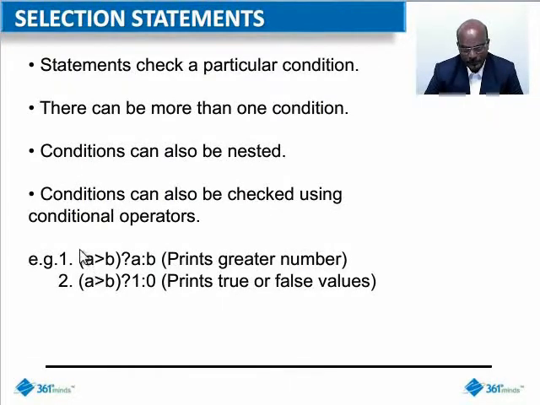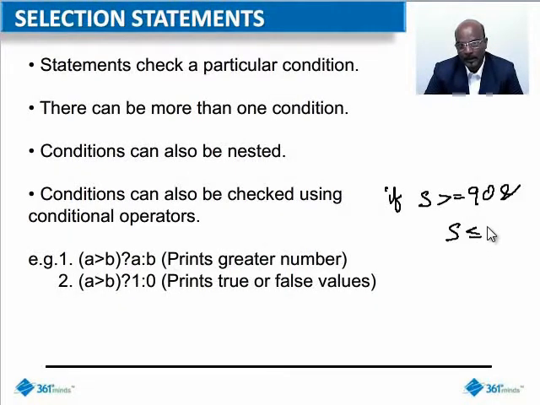You write if a particular student, and I'll have a variable for a student, say S. I'll say if S is greater than or equal to 90 and S less than or equal to 100, then I'll give him an A grade.